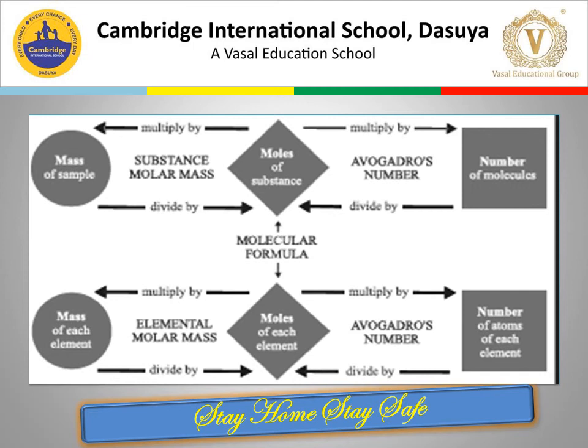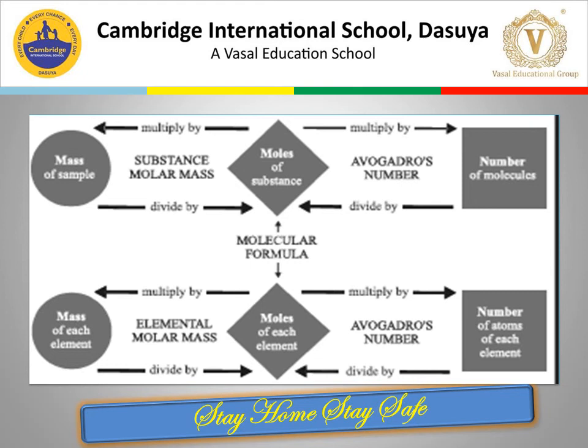Now towards the right, we have the relationship between mole of substance and number of molecules. If the mole of the substance is multiplied by the Avogadro number, then we get the number of molecules. And if the number of molecules is divided by the Avogadro number, then we get the mole of the substance back.